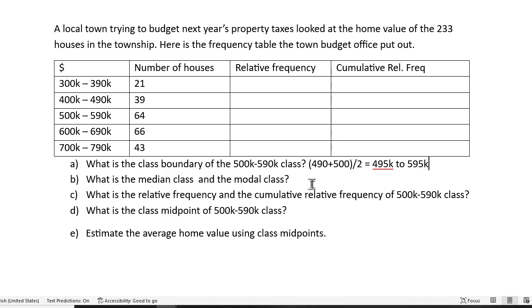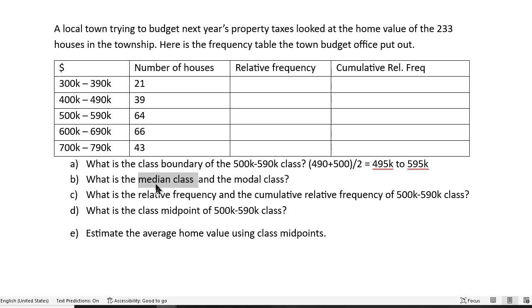What is the median class and the modal class? So the median class is, suppose you had the actual raw data of this table, which we don't, but let's assume that we have it, and we write the numbers from the least expensive to the most expensive. Then the one that appears right at the middle is what we call the median class.